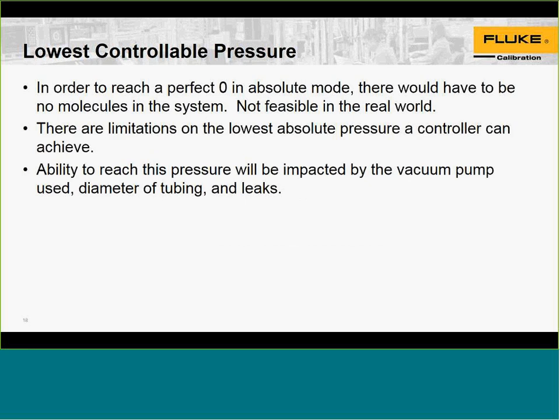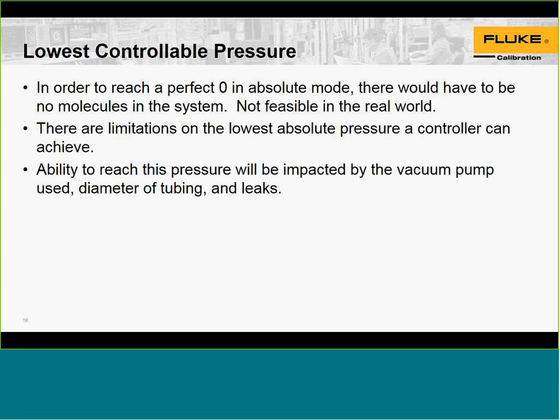The specification that should be considered is the lowest control pressure. The range is the lowest controllable pressure in absolute mode, not gauge mode, because in gauge applications, the lowest pressure is typically vented, which is 0, and you can actually zero it at that condition.